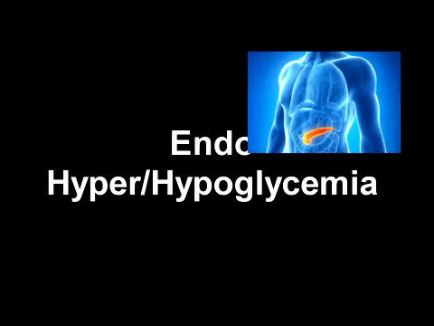If you're familiar with arithmetic, basically what I'm telling you to do is take the serum sodium and add to it 1.6 times serum glucose over 100.